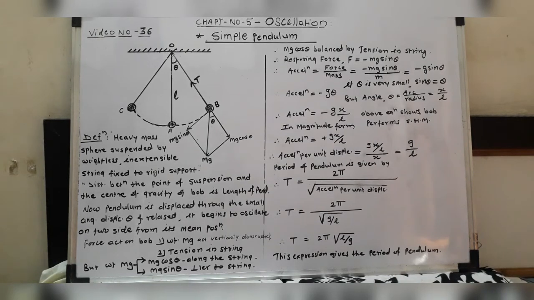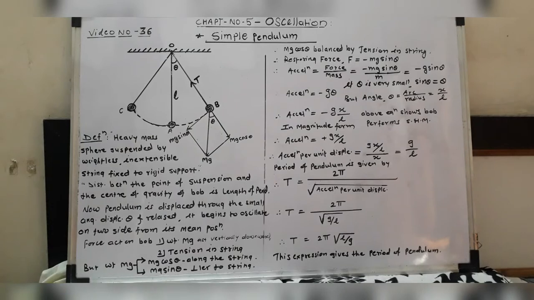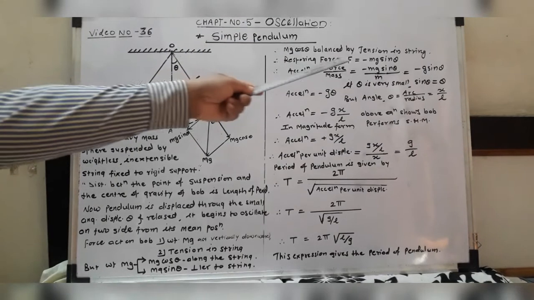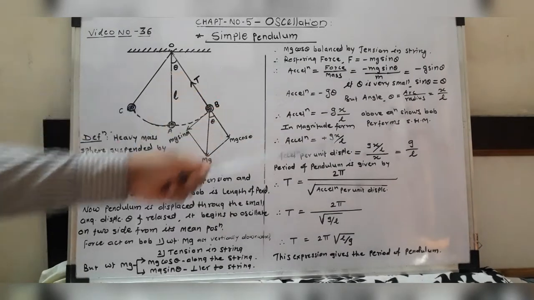This restoring force is given by F is equal to minus mg sin theta. Now this bob is accelerated towards its mean position, and this acceleration can be given by, you know that acceleration is nothing but what? Force upon mass.